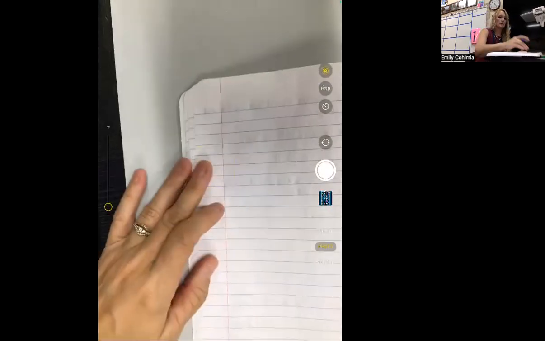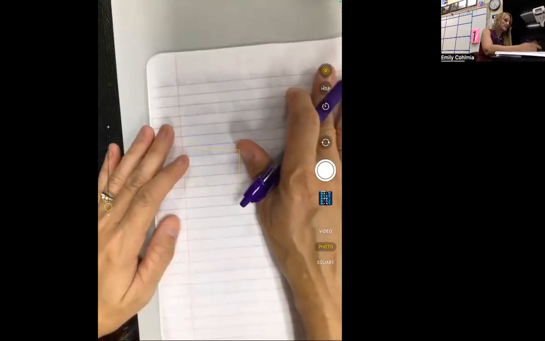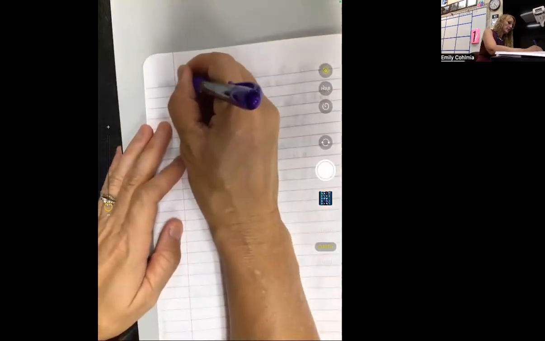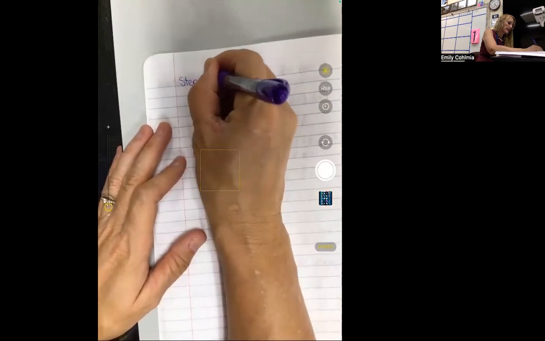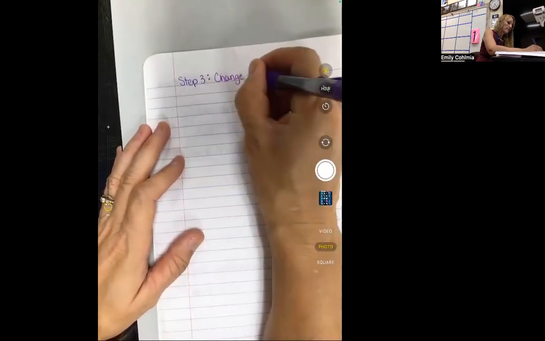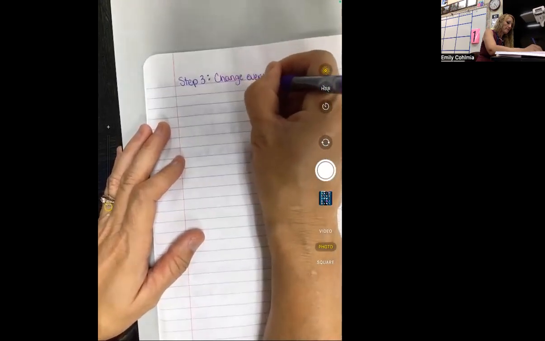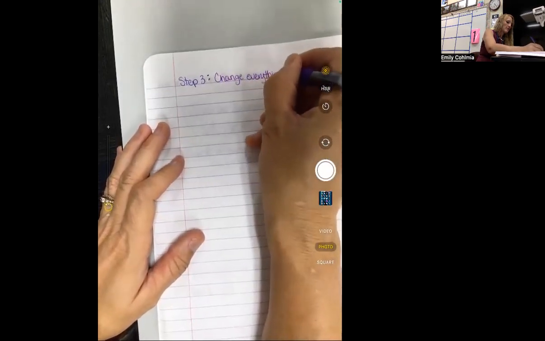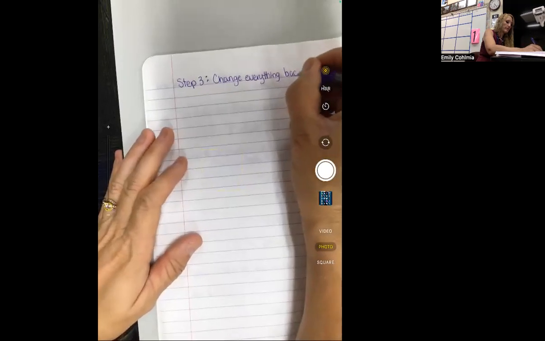There is a step 3, and this part is really important because this is what is going to happen on the state test. Step 3 is to change everything back to its original form.